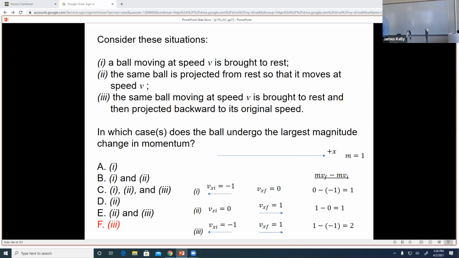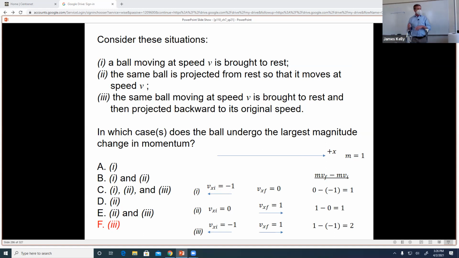So you may be thinking about kinetic energy when you say, oh, there's 0 change in this case. But we're talking about momentum. It goes from a negative value to a positive value, and when the change is from a negative value to a positive value, that's a big change. That's not a 0 change, right? Or from a positive value to a negative value.